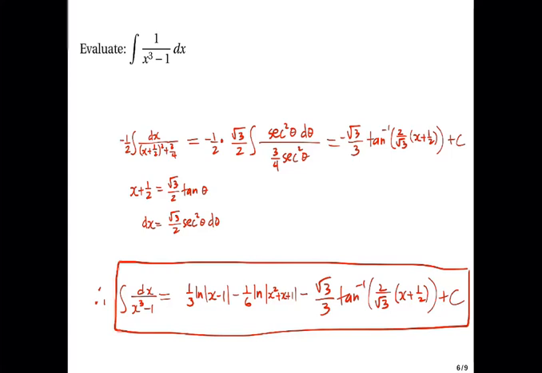What about the cosine x? Well, we know cosine squared x is 1 minus sine squared x. So let's write it here. We have cosine squared x equal to 1 minus sine squared x.